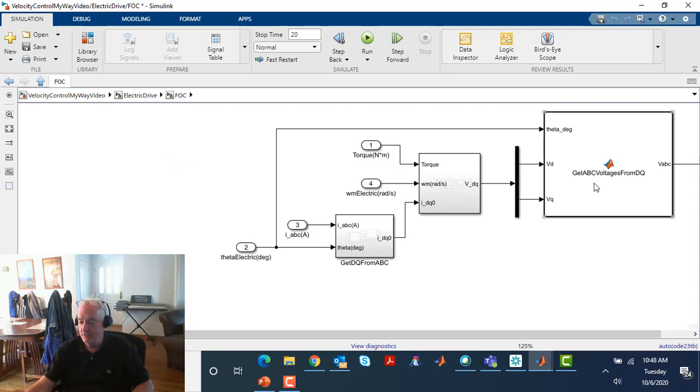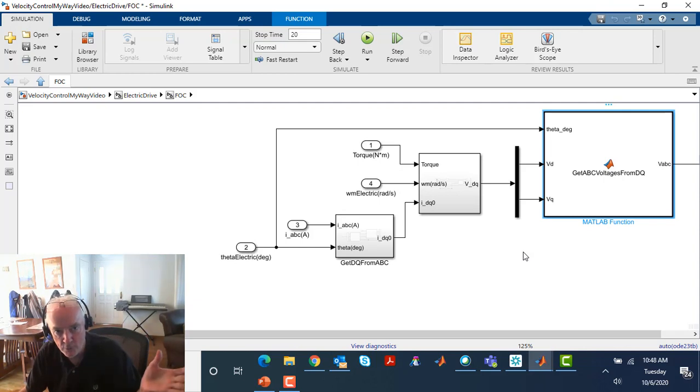And so the last piece of this is essentially unpacking DQ and going back to VABC. I put every bit of it into one MATLAB function. What people would call this is the Clark, the inverse Clark, then multiplying into the inverse Park. Or is it the other way around? I think it's the other way around. But anyway, to get back to the real world, so that I can put voltages on real terminals A, B, and C, it's necessary to do this final piece of mathematics, right?